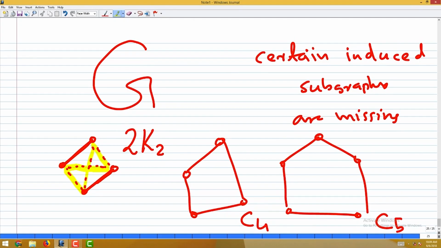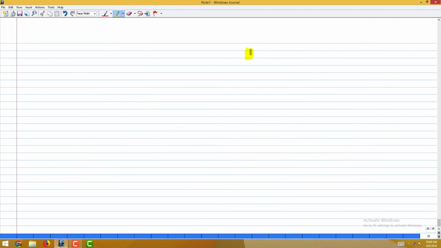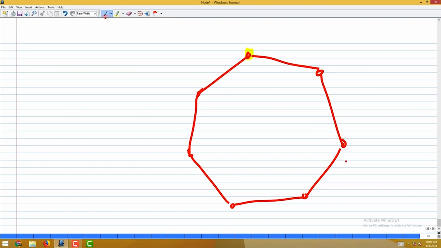Actually, this captures most of it, because it is obvious that C6 cannot be there. Why? Suppose there was a C6. Let me highlight it.